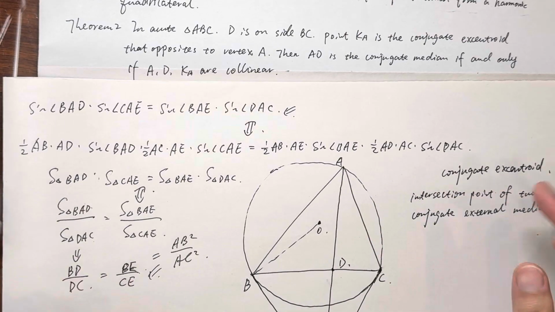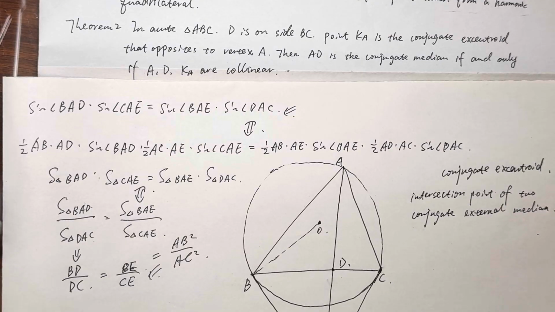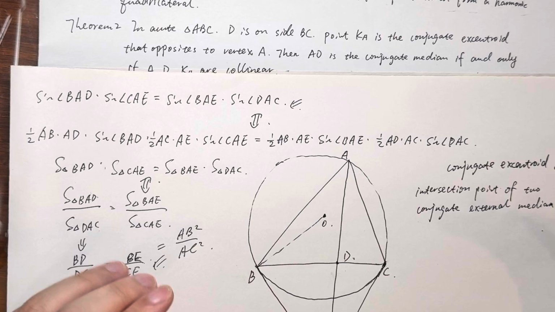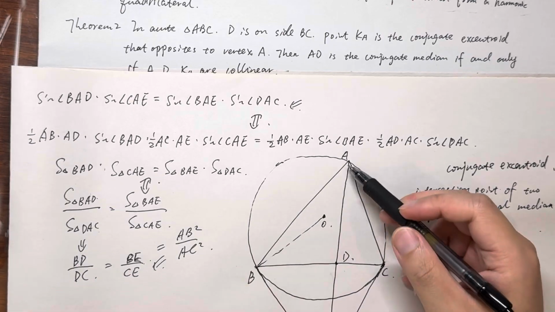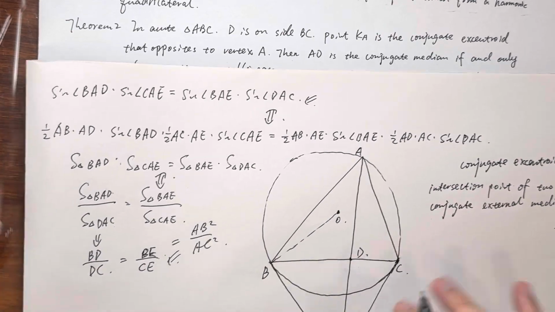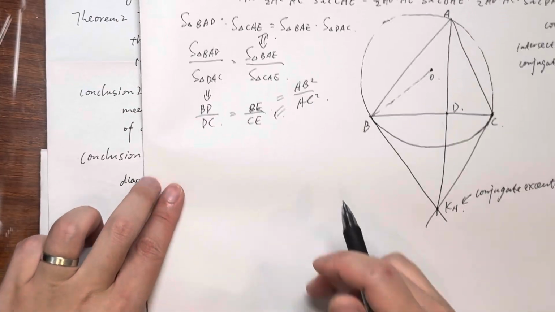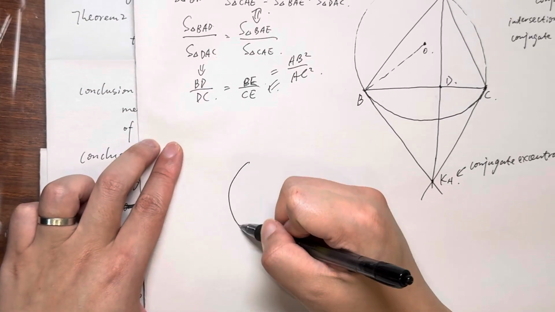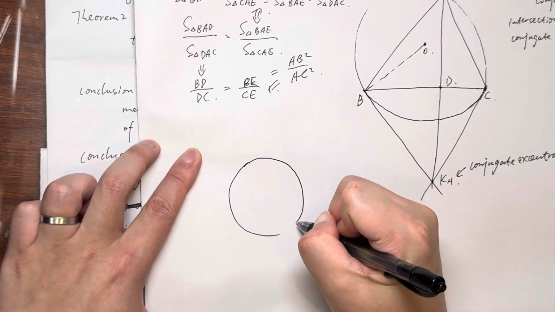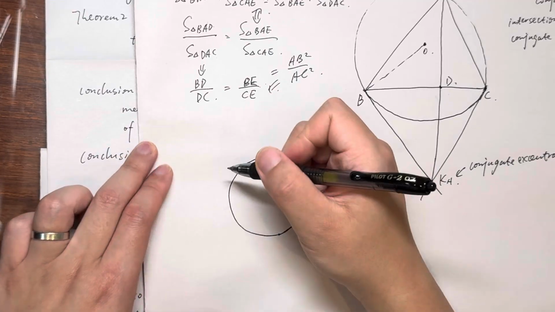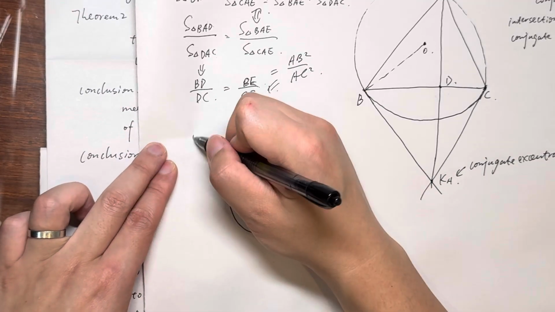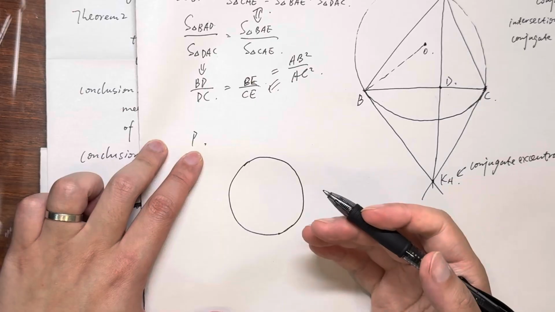right? So if you remember, in the harmonic bundle video we actually showed this property. Let me just redraw another figure, so we won't touch this one here. In the harmonic bundle video, we discussed this property. Let's say there is a point, we call it P for now.